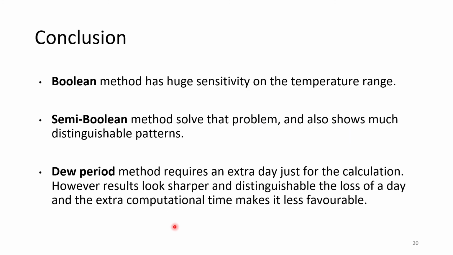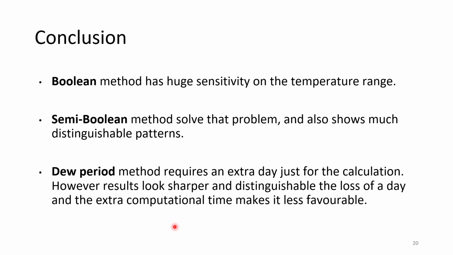As a conclusion, we can say that a really simple Boolean method with yes or no conditions is too sensitive, for example, to the temperature. So this is too easy and too simple. The semi-Boolean method looks okay, and it has distinguishable patterns.